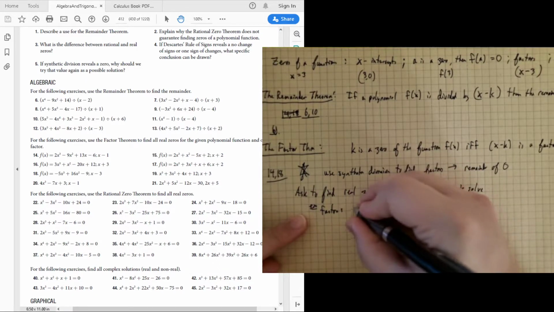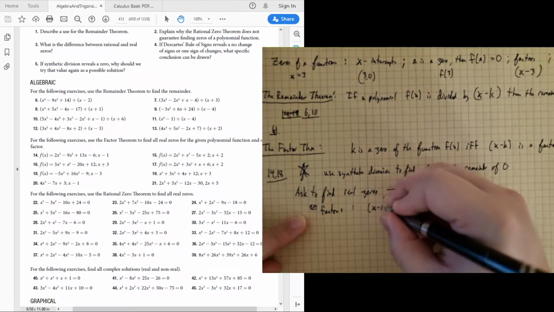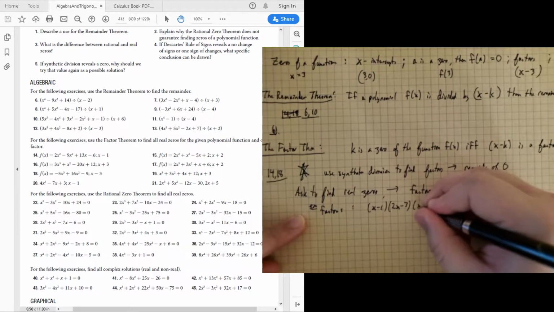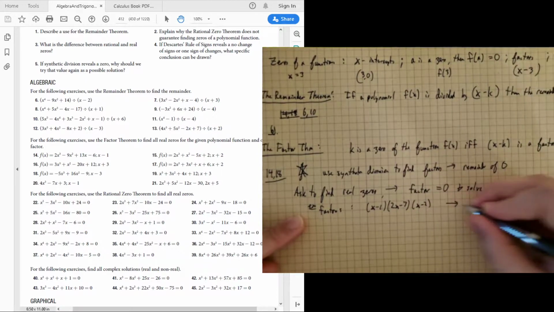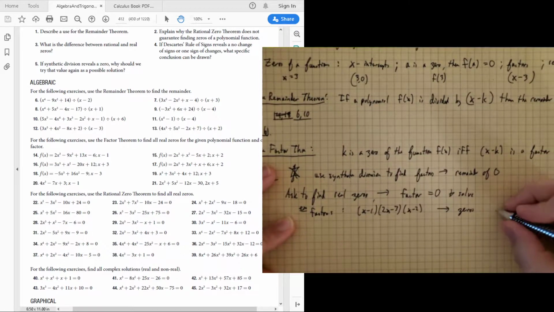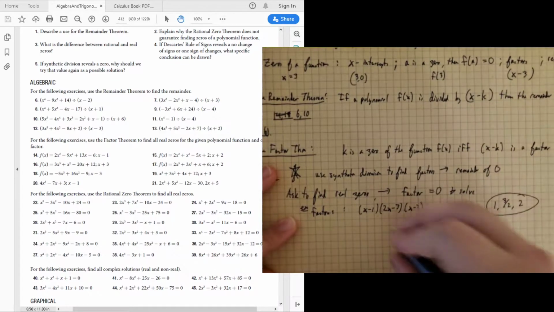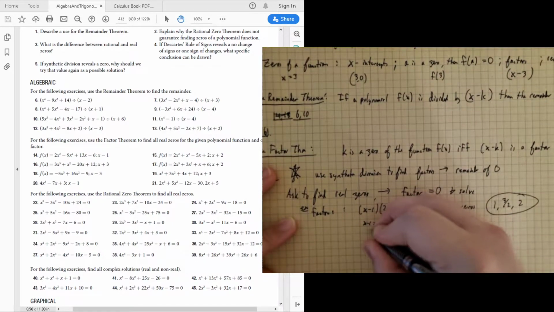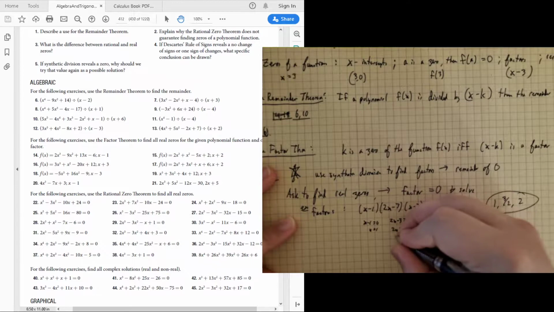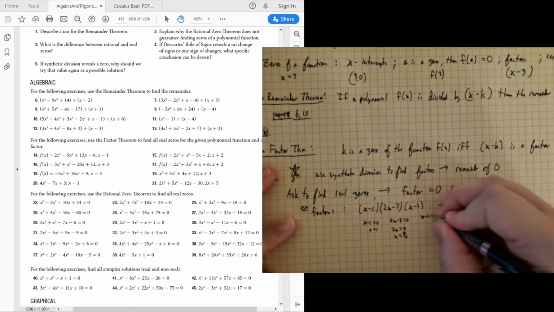If I have factors of x minus 1, 2x minus 3, and x minus 2, my zeros would be 1, 3 halves, and 2, which is just when x minus 1 equals 0, when 2x minus 3 equals 0, and when x minus 2 equals 0.